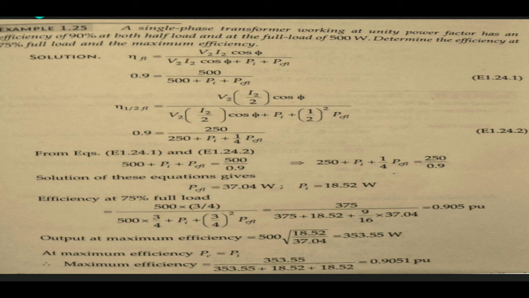So maximum efficiency equals 353.55 by 353.55 plus 18.52 watt, that is iron loss, plus 18.52 watt copper loss, which equals 0.9051 per unit efficiency.